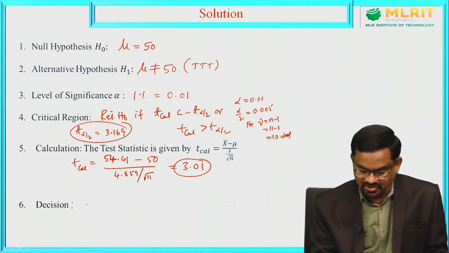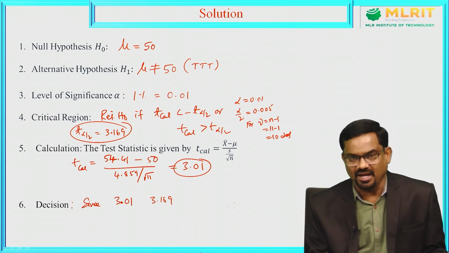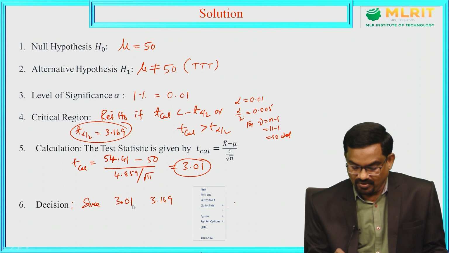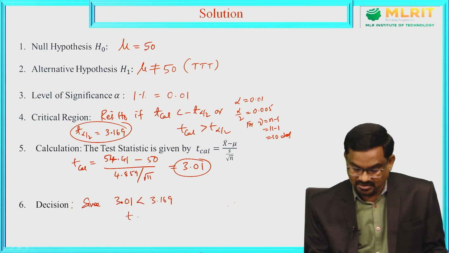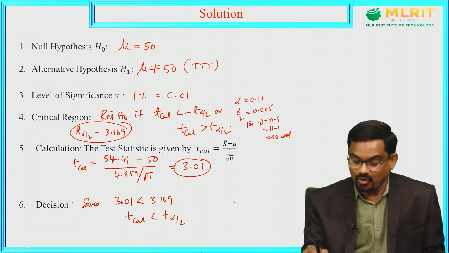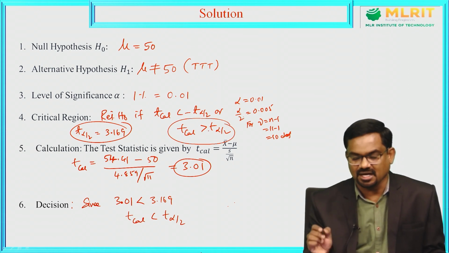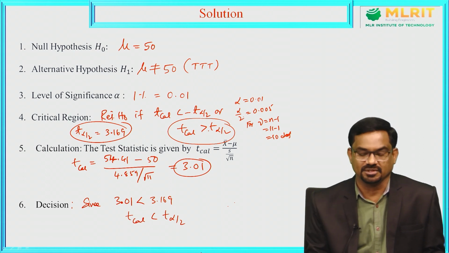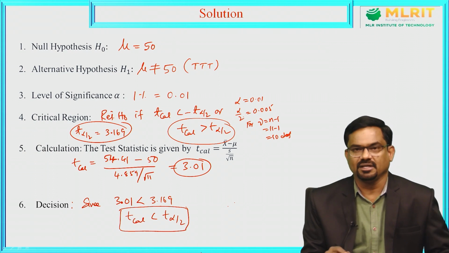And now the decision: 3.01 and 3.169 are both positive values, and 3.01 is less than 3.169. That means T calculated is less than T alpha by 2, but for the positive condition we must get greater than. If T calculated is greater than T alpha by 2, we reject the null hypothesis, but here we got the result completely in the reverse manner.